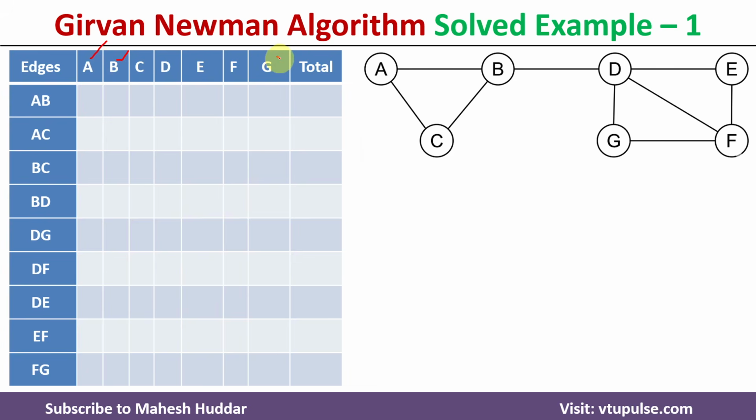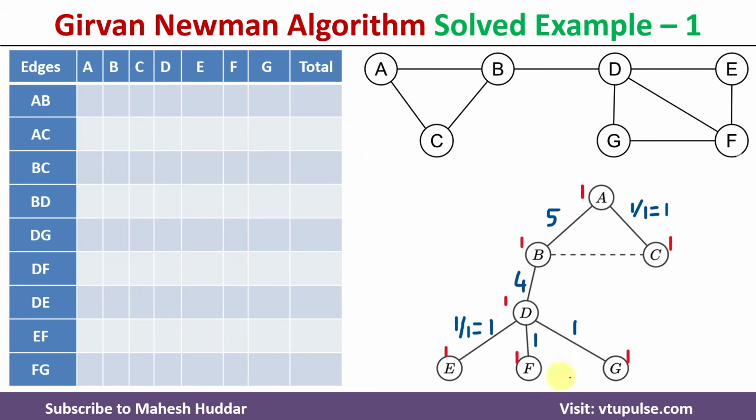Same till G, we have drawn the graphs. So as per those graphs we need to fill in the scores. So here we can see that for A, the edge betweenness score between A and B is 5, A and C is 1, B and D is 4, B and E is 1, D and F is 1, D and G is 1, and the remaining are 0. So that is what you can see here.